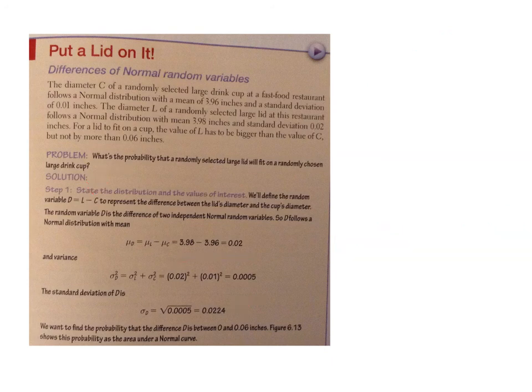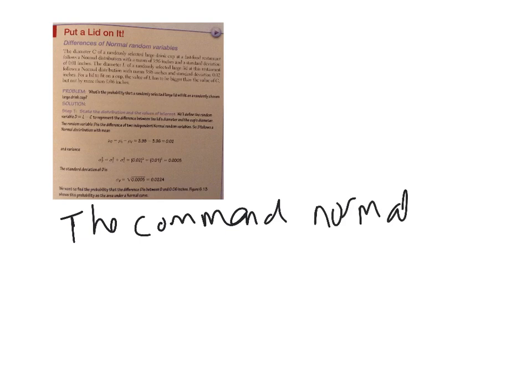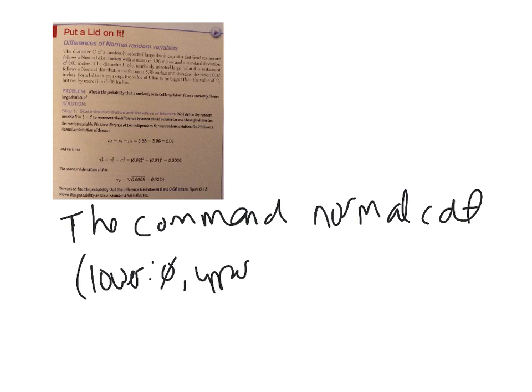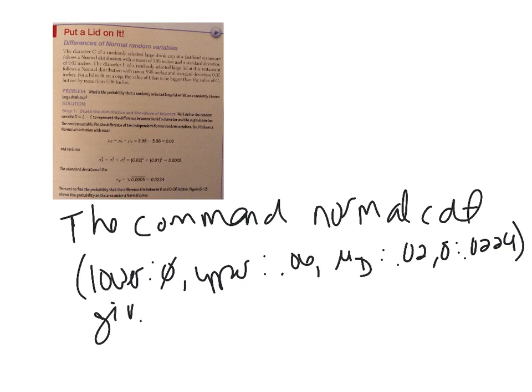When I am performing my calculations, if I'm using my calculator, I'm going to write down the command normal CDF, and then I'm going to define everything: my lower at 0, my upper at 0.06, my mean of the difference at 0.02, and my standard deviation at 0.0224. It gives an area of 0.7770.